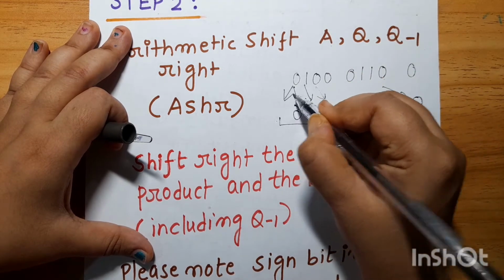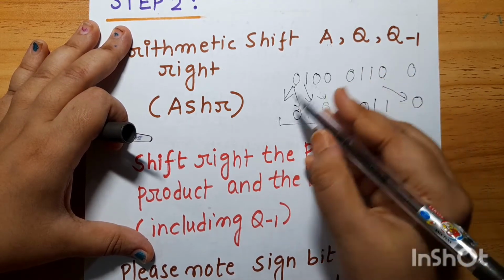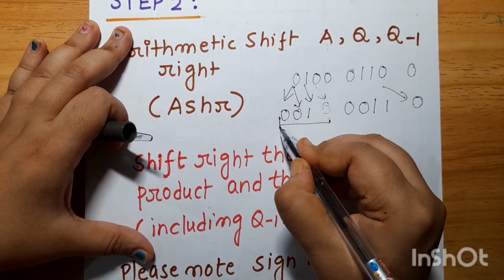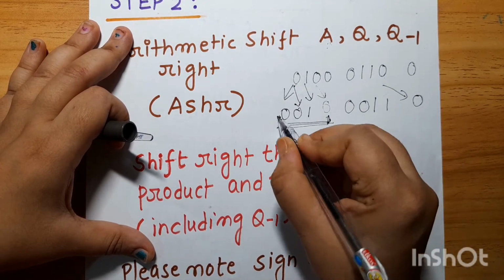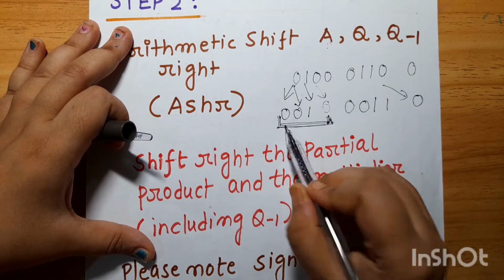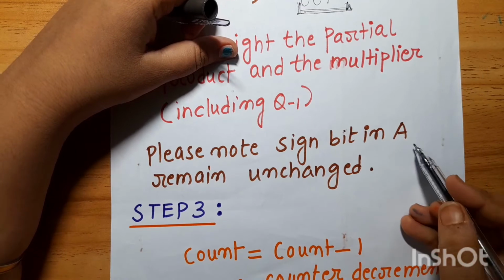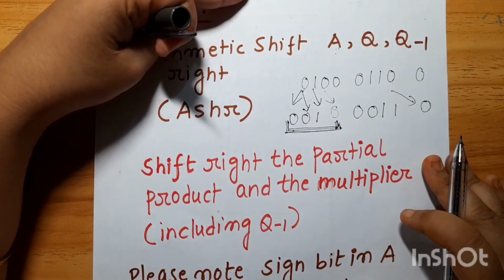So it is the same bit. The MSB of A will be the same as the older one. This is 0 only because it holds the sign bit. So this one will not change. This I am keeping the same. So that is what it is said: please note the sign bit in A remains unchanged during this right shift operation.